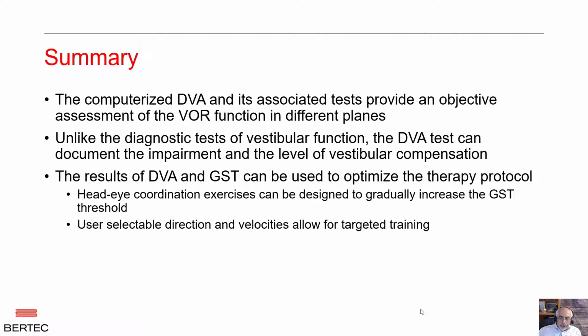The results of DVA and GST can be used to optimize the therapy protocol. For example, head-eye coordination exercises can be designed to gradually increase the GST threshold. The therapist can select the direction and head velocities that allow for targeted training.